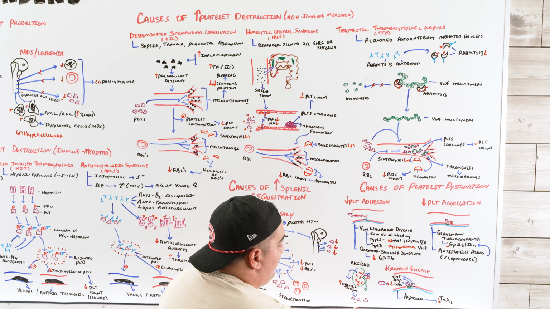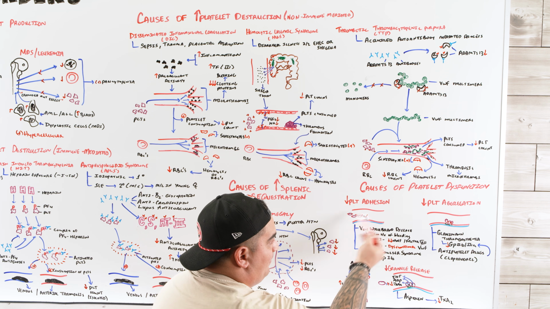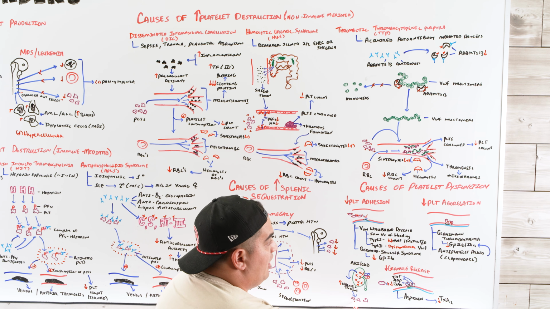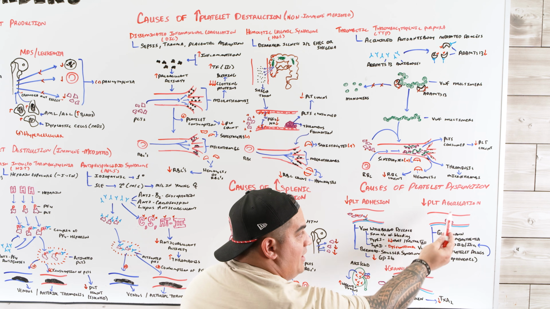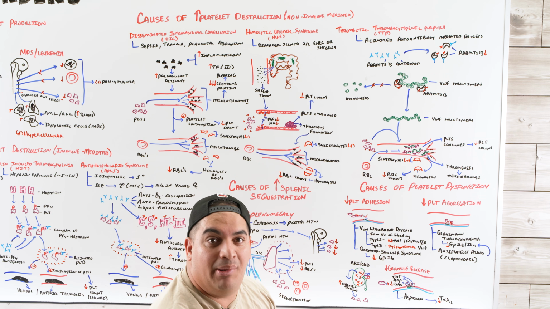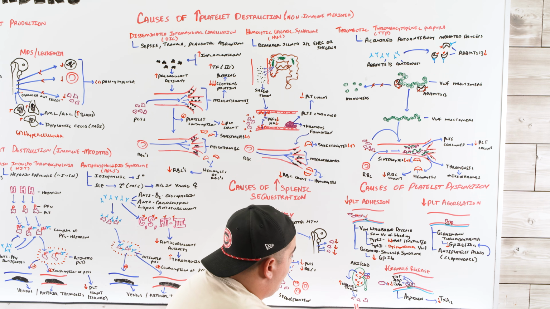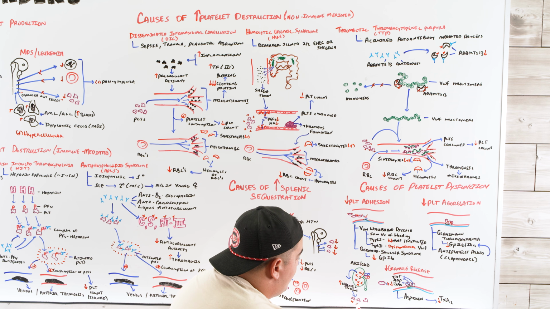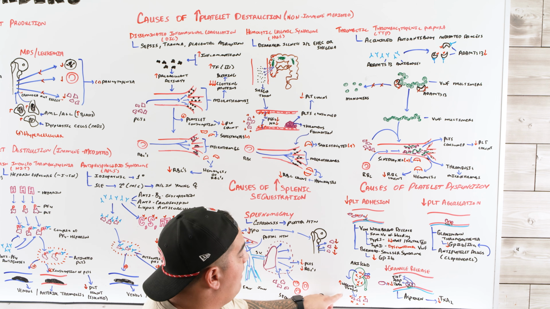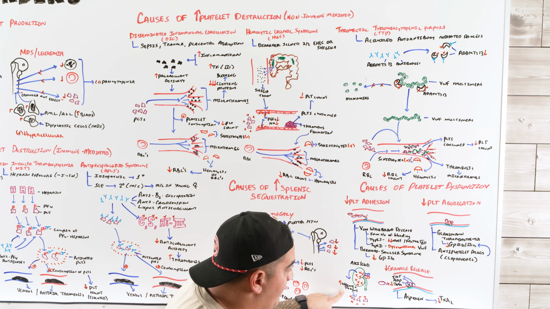They can decrease the platelets from releasing von Willebrand factor, decrease platelet adhesion. They can decrease the expression of GP2B3A proteins, decrease platelet aggregation. And they can decrease platelets from releasing ADP. All of these scenarios with these uremic toxins will shut down the platelets, and this will cause platelet dysfunction.